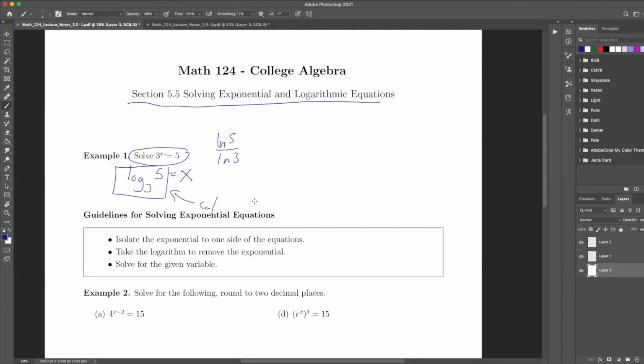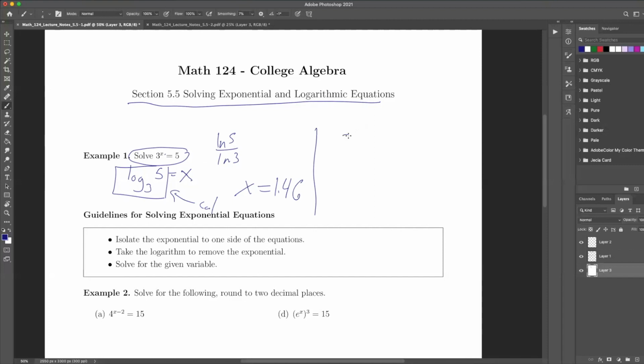So x is equal to 1.146. I've already calculated it. And so here's how we would solve it directly. But there's also another way, and let me show you the other way real quick. And that's what we're actually going to be doing.